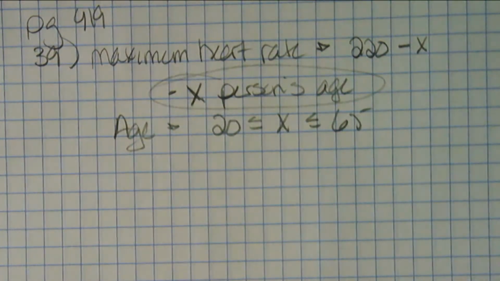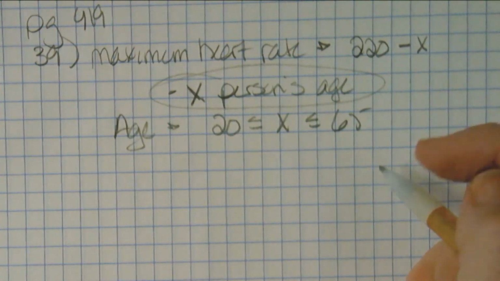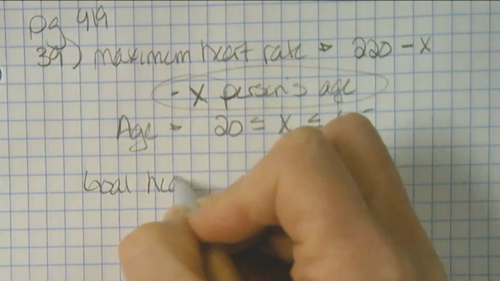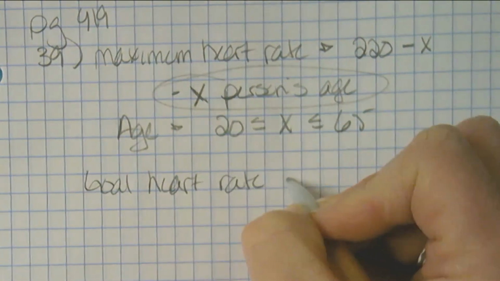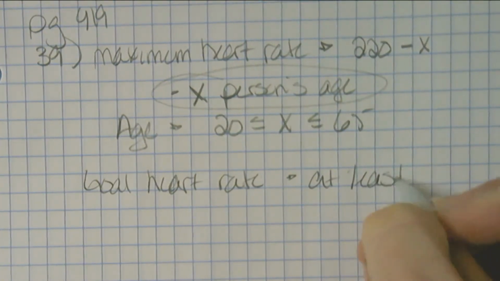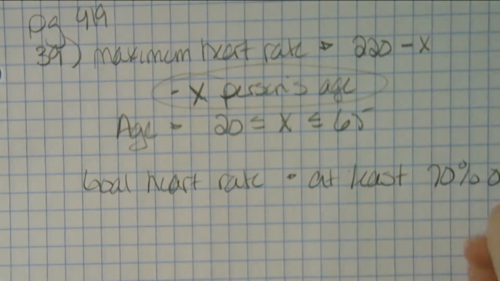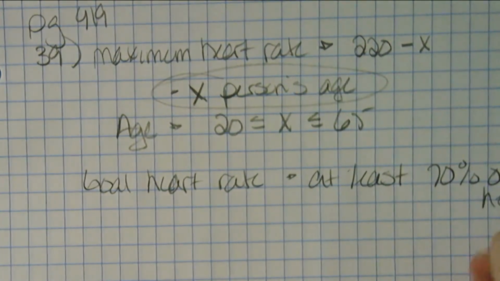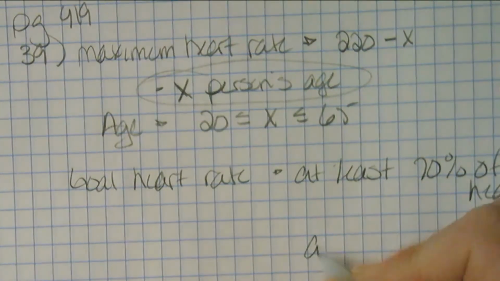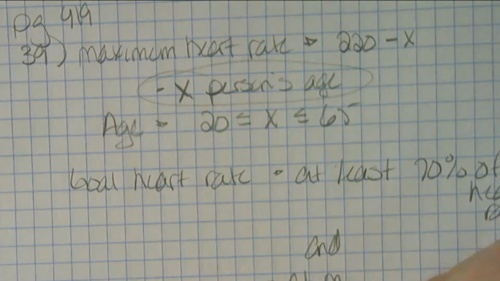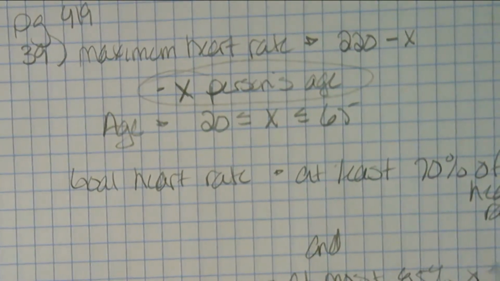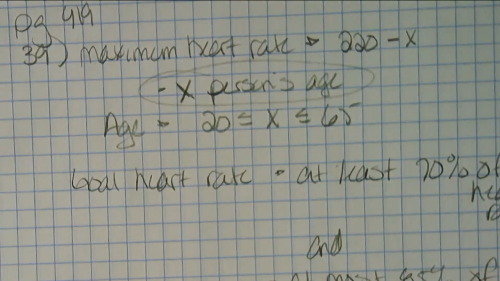The next thing they say is when exercising, a person should aim for a goal heart rate that is at least 70% of the maximum heart rate, and I'm going to say and at most 85% of max heart rate.